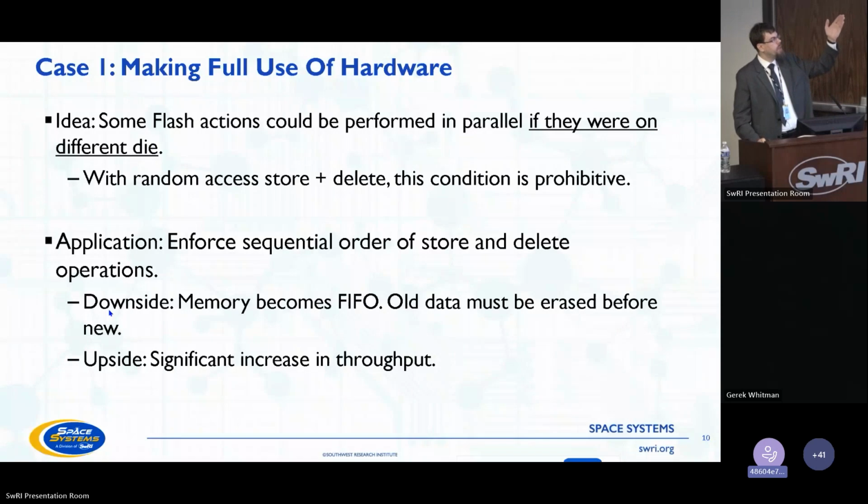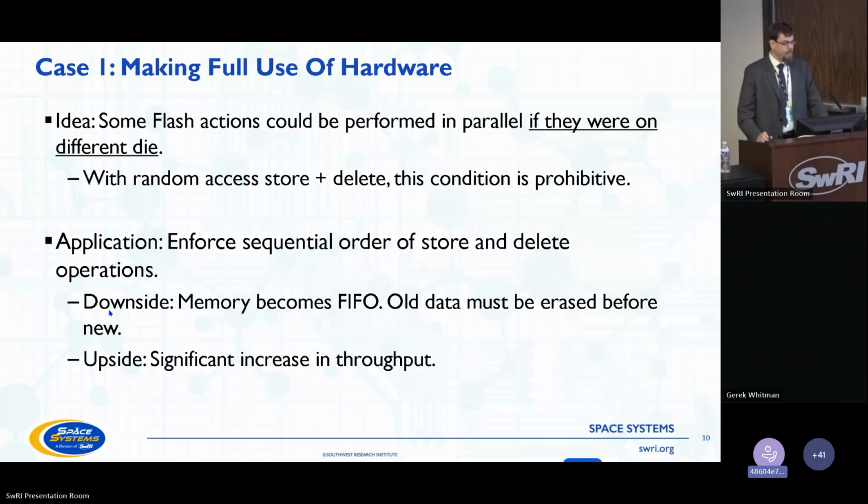And so the first one I will call making full use of hardware. And this is where we revisit the idea that some flash actions can be performed in parallel if they are on different die. And the question is, what kind of restrictions do you have to put on your mission operations in order to satisfy that if statement? And then what do you get in the then clause?